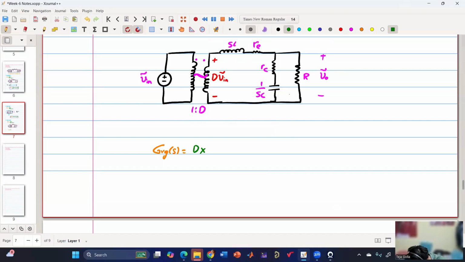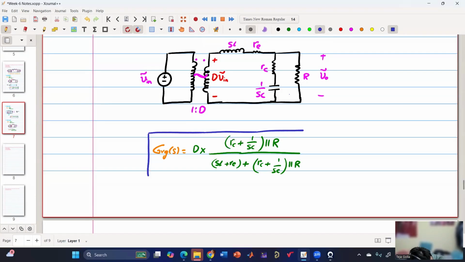So if we write the expression, in the denominator we have SL plus RE plus RC plus 1 by SC parallel R. In the numerator, we have RC plus 1 by SC parallel R. Is this clear?